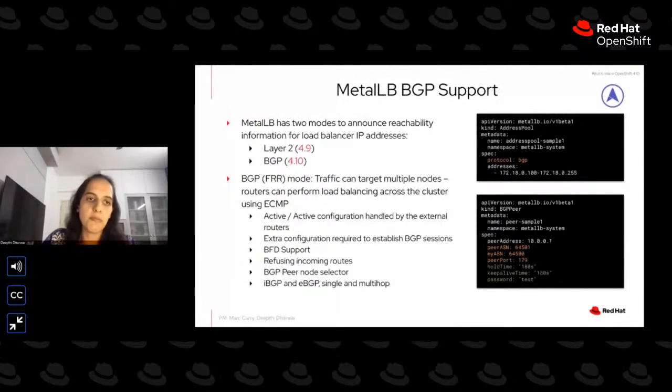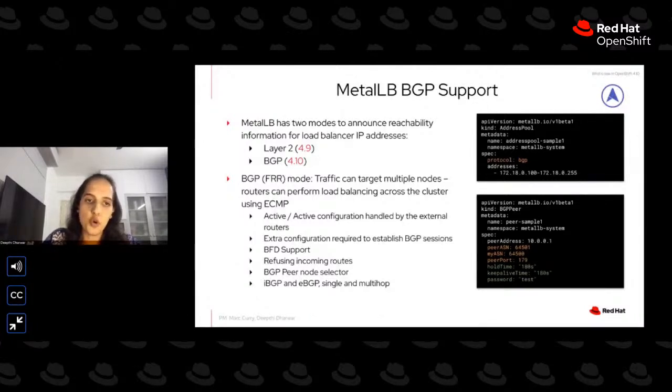So for configuring BGP, we need to provide information on the address pool for MetalLB to allocate service IPs. And this is done via the address pool structure. And we also need to provide information on the BGP session connecting each node to each external router in the BGP peer structure that is seen here. One can also pair a BGP session with a BFD session for faster failover detection.